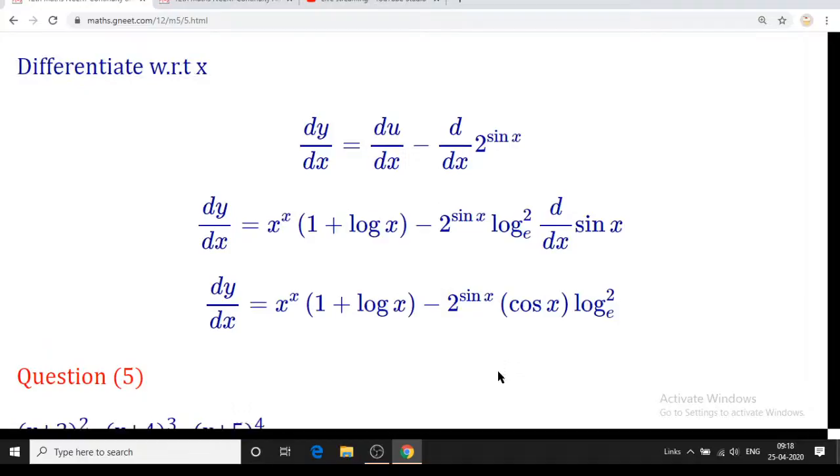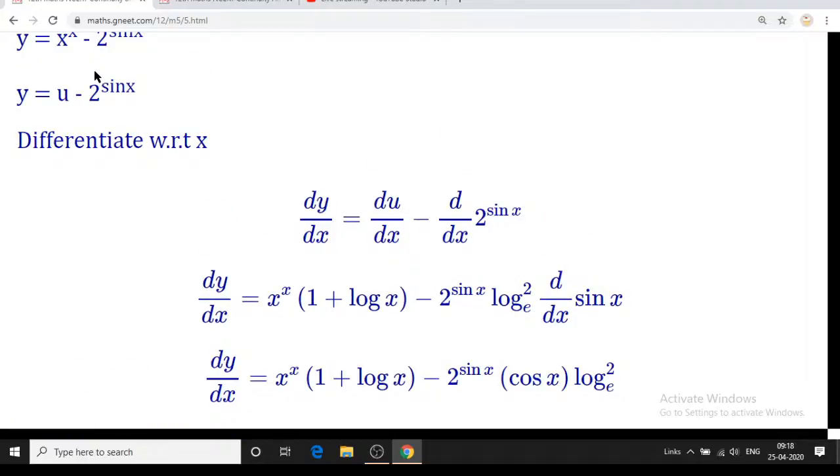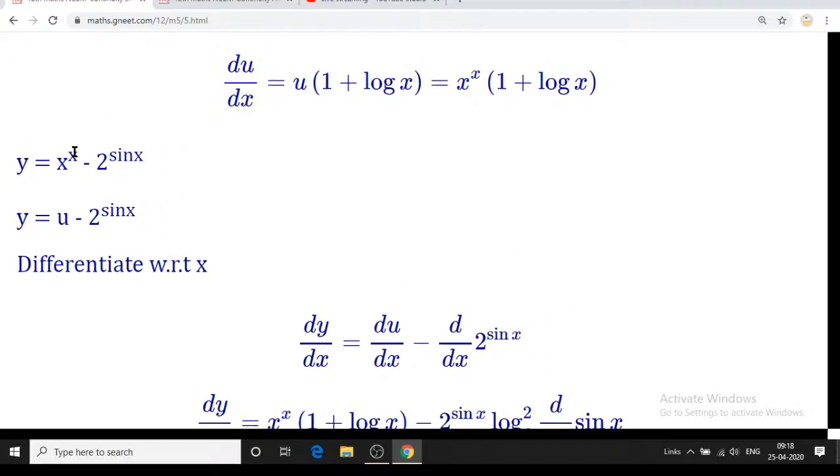Why have I not gone that way? Because there is a direct formula for a raised to a bracket. As we have the formula for a raised to bracket, why go with another variable? In the first, we assumed u because there was no formula for x raised to x; we could not solve it without a log. So we assumed it there. Here we have the direct formula, so you can apply it.